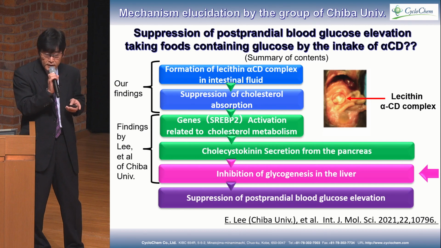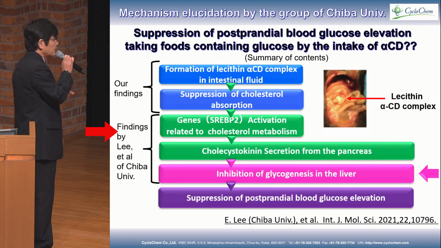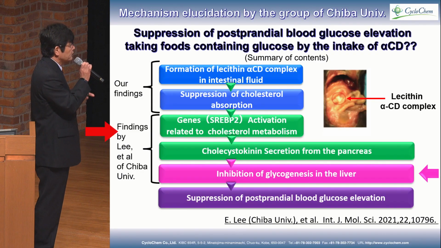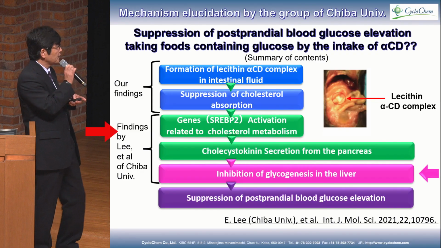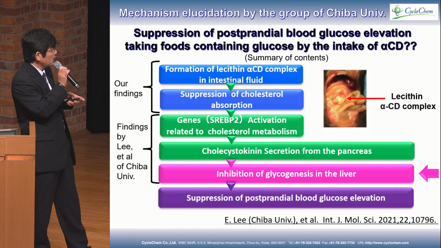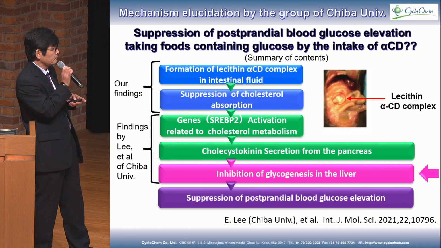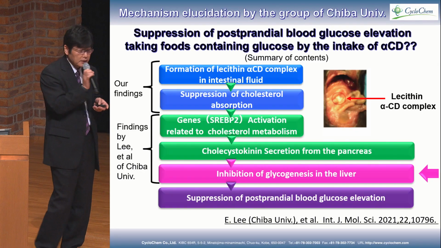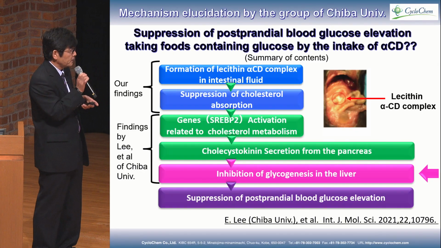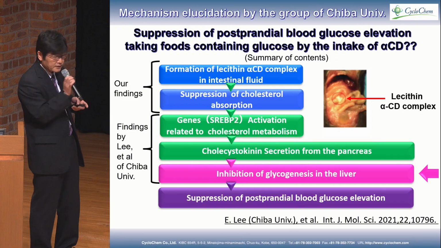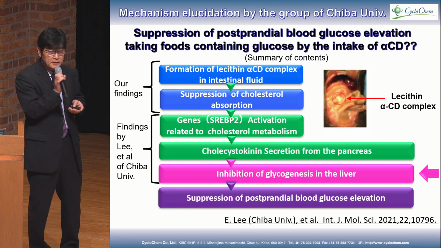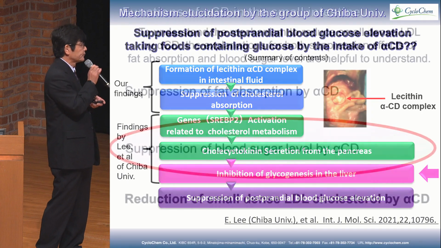Then using these findings, they evaluated the gene activation of SREBP2, related to cholesterol metabolism and cholesterol secretion from the pancreas. Then it inhibits gluconeogenesis in the liver. This is a mechanism we found.